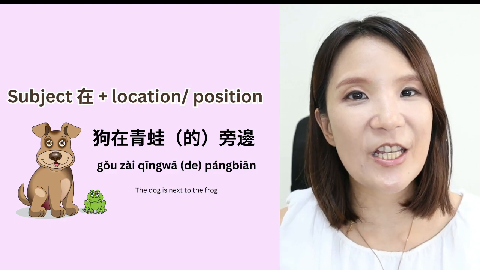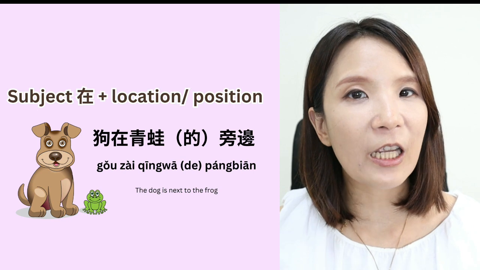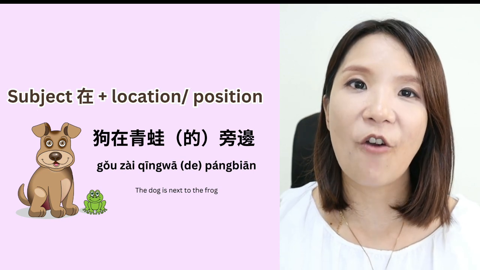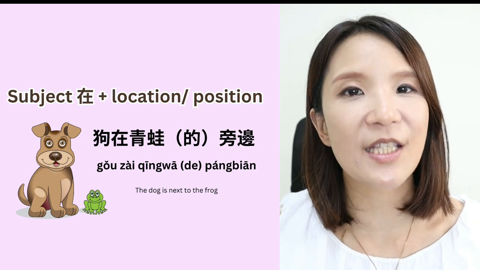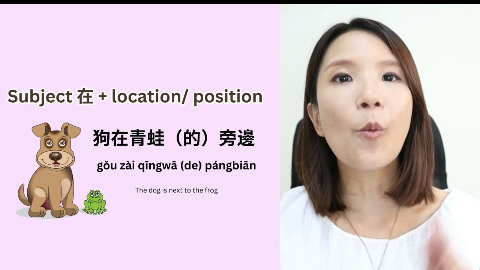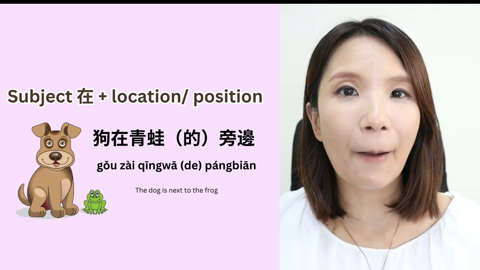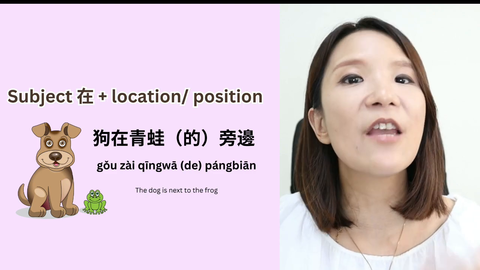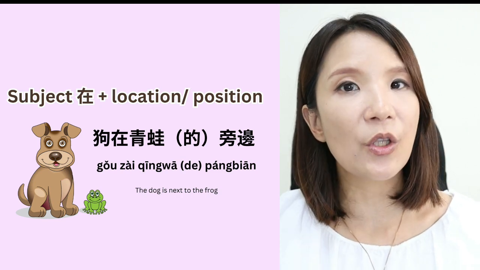Now pay attention. In English, you would say next to the frog, but in Mandarin it's the opposite. We say frog next to. So 青蛙, you have to say it first. 青蛙的旁边 or 青蛙旁边. Why do we say that? Because you have to imagine if you're looking for the dog and I say the dog is next to the frog.